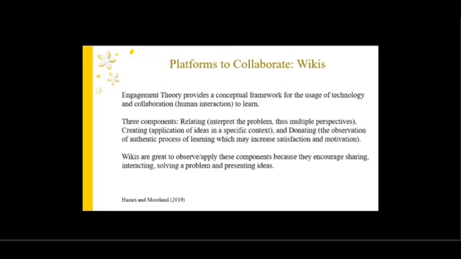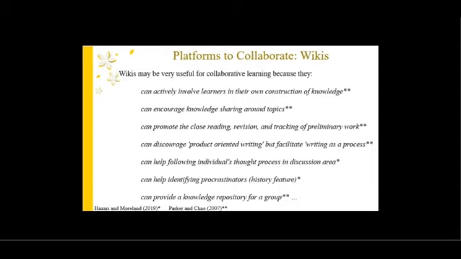Wikis are great for applying these components because they encourage sharing, interacting, solving a problem, and presenting ideas. It is very appropriate for collaborative tasks, of course. One advantage of wikis is that they actively involve learners in the construction of knowledge, which is one of the tenets of constructivism.